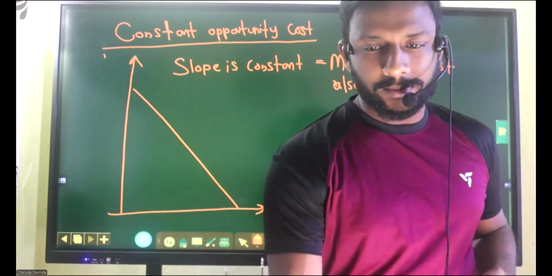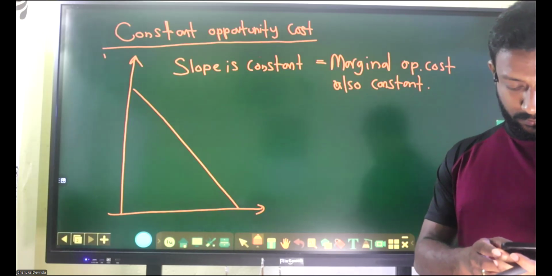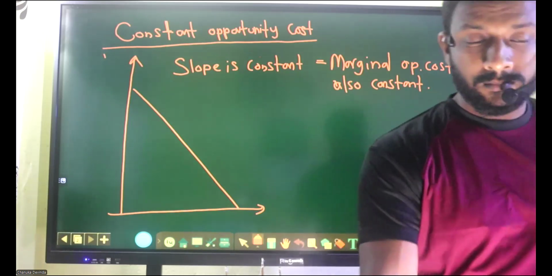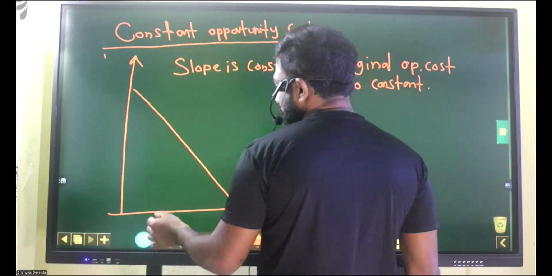Right, so this is the constant opportunity cost.